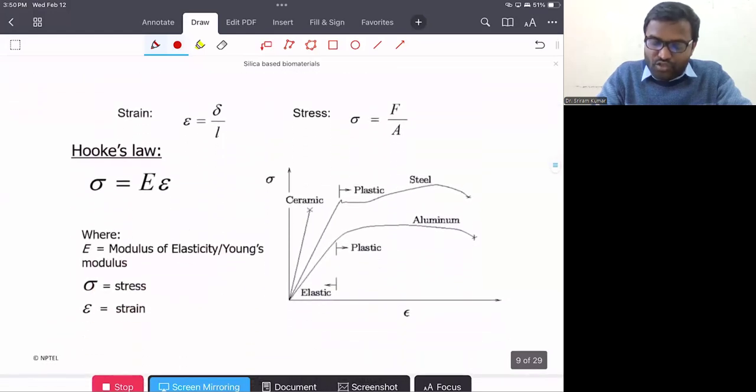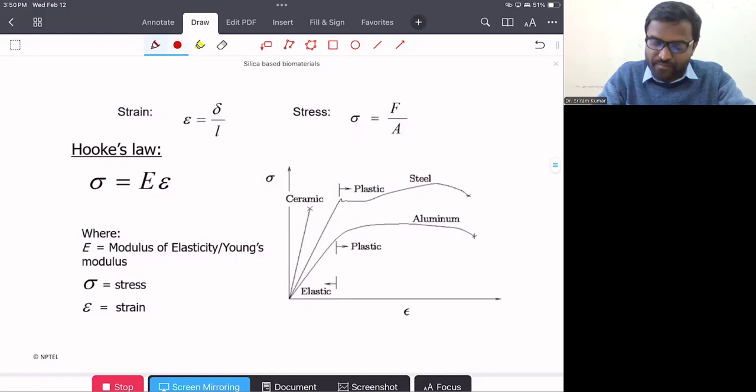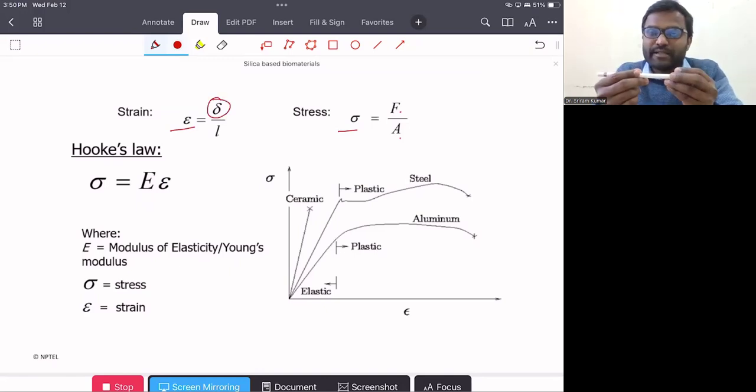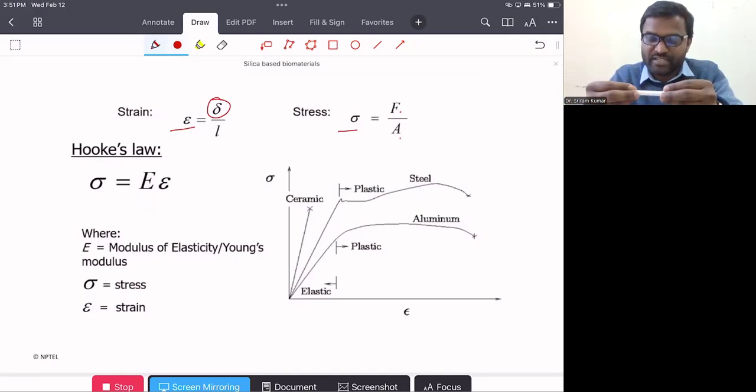So let's recall Hooke's law and how we define stress and strain. Here stress is defined as the force per unit area. And strain is defined as the change in length. Suppose this is your biomaterial, and you apply tensile stress on it.